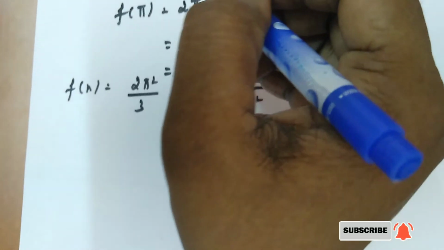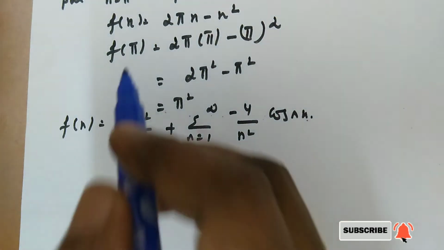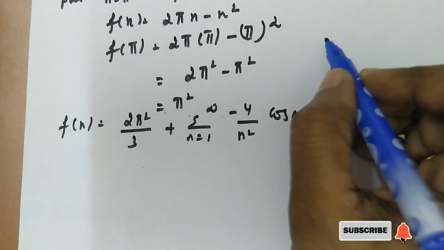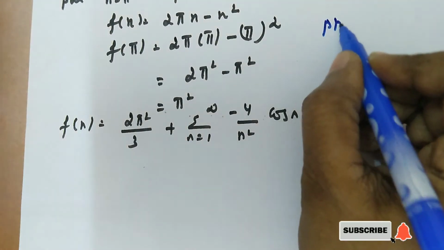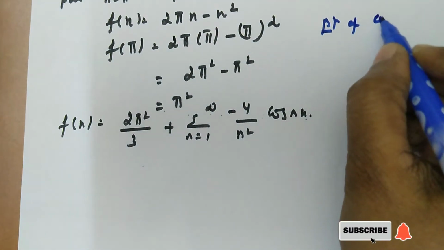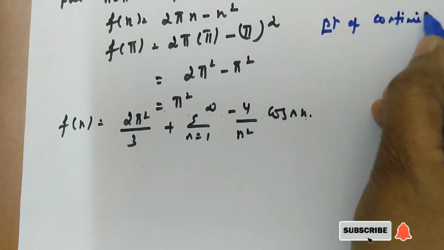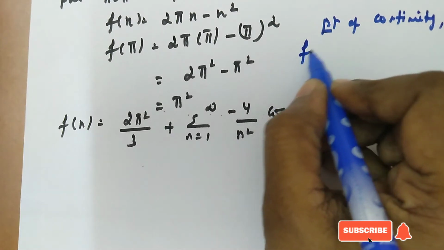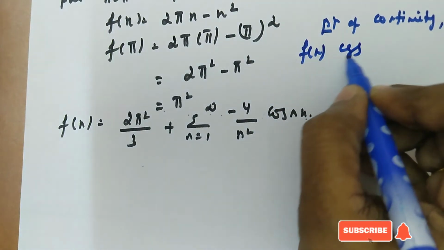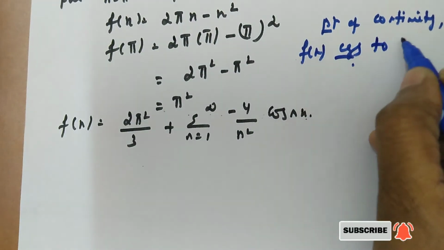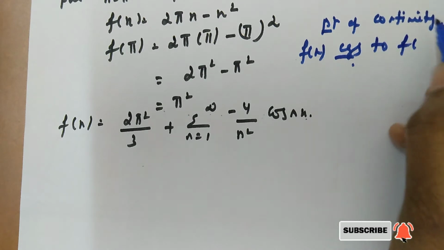We have proved that at the point of continuity f of x converges to that point. Here the point is pi. So f of x converges to f of pi.